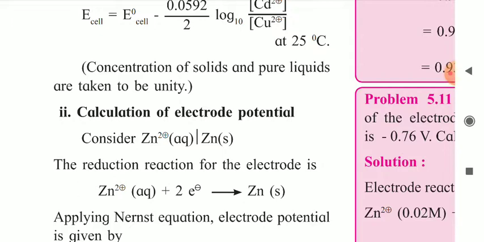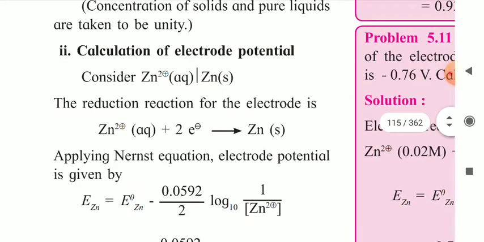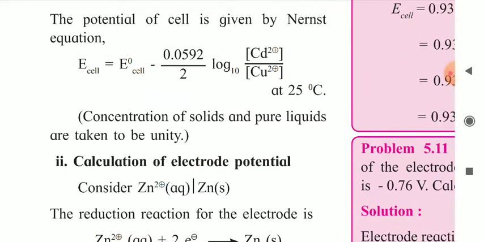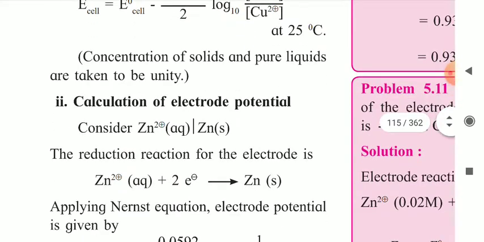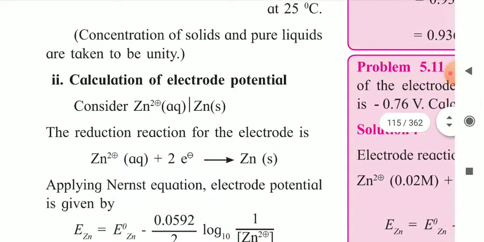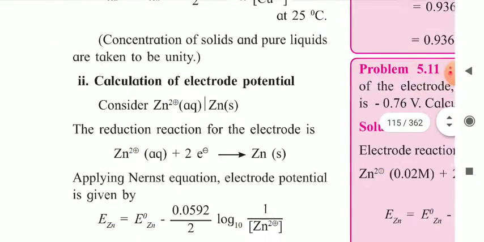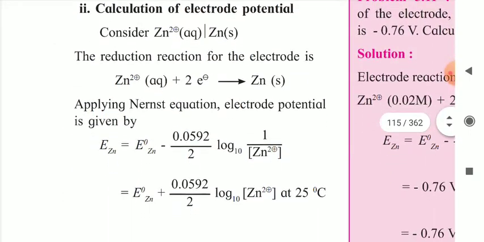Now the second part of this derivation is the calculation of electrode potential. Consider Zn2+ in contact with solid zinc, that is the electrode. The reduction reaction for the electrode is Zn2+ plus 2 electrons gives solid zinc.